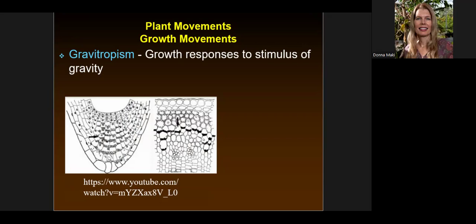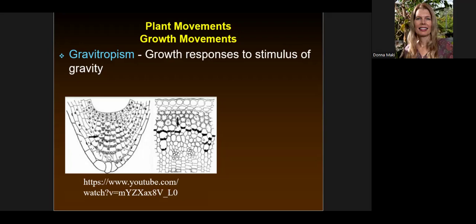It's got to fight gravity, to stay above the soil, stay upright, and make sure its leaves can get access to sun. But if you are root tissue, you want to feel and grow into the direction of gravity because that means you're going the right way. You're getting into the soil, getting access to better water and minerals. And so gravitropism has been heavily studied, zooming into the roots.